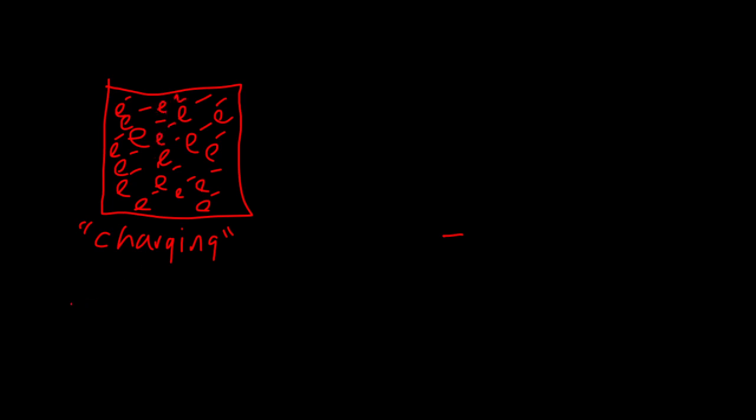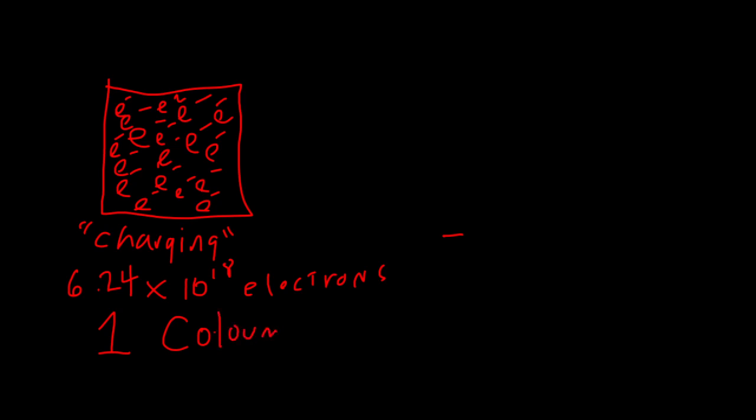And in fact, if you were to put in 6.24 times 10 to the 18 electrons, which is a really large number, right? You would be putting in what's called 1 coulomb, C-O-L-O-U-M-B, 1 coulomb or 1 C of charge.